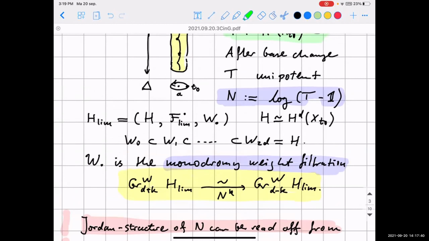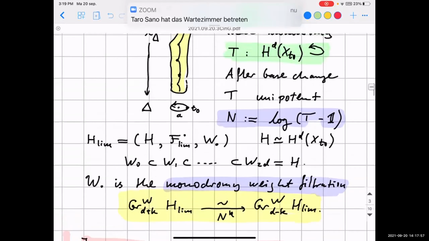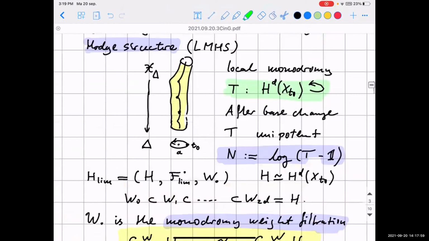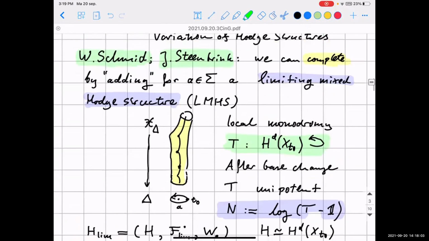And it's a very deep fact that the monodromy weight filtration, which is purely topological, if we grade with respect to that, we obtain pure Hodge structures. So this is the basic discovery of Schmid, and was then elaborated in the geometrical case by Steenbrink.